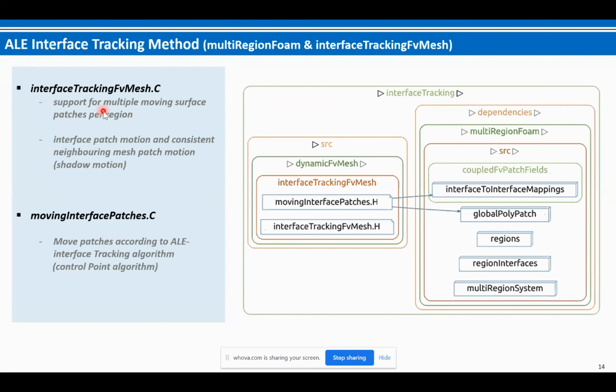Now, in addition to the interface tracking FV mesh class, which has support for multiple moving surface patches per region, by multiple we mean the interface patch motion and also consistent motion of the neighboring mesh patch, which we call the shadow motion, so interface and interface shadow patches. And the moving interface patches class is actually where the ALE interface tracking algorithm is implemented.